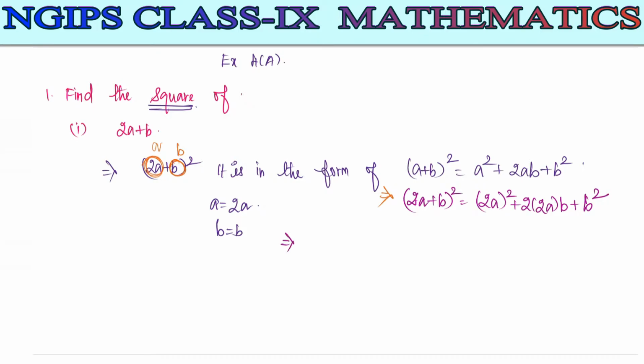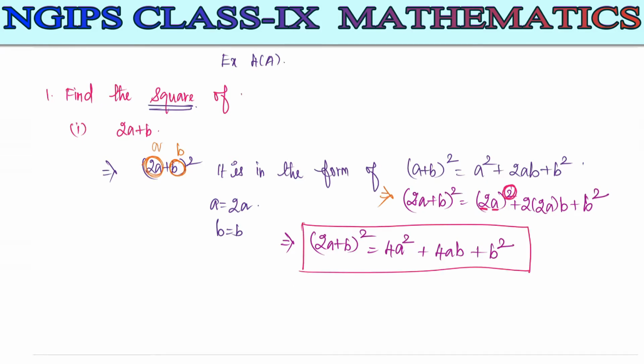So this implies 2a plus b whole square is equal to, now the square is going to be common for both the numerical value and the variable. So 2 square is 4, a square, plus 2 into 2 is 4, 4 into a is 4a, 4a into b is 4ab, and here we have b square. So this is the answer.